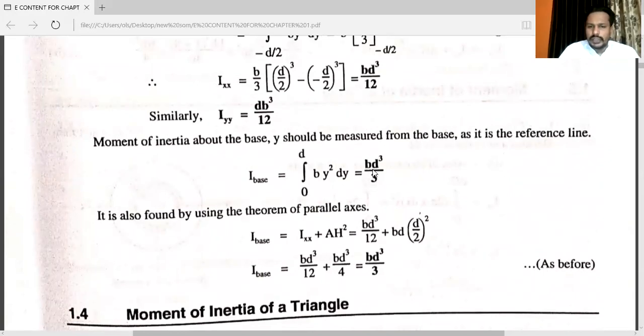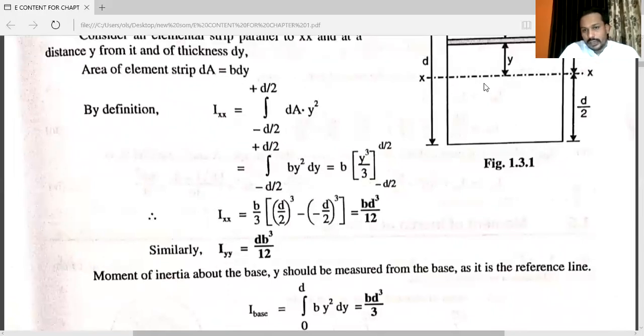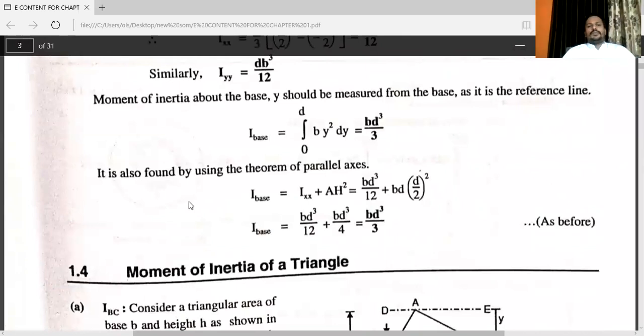So the formula will be b into y square into dy, and the answer will be bd cube by 3. See the limits 0 to d. In the previous case, the limits were minus d by 2 to plus d by 2, because we took them from the centroidal axis.